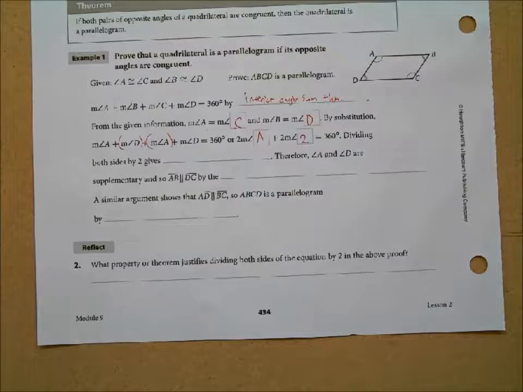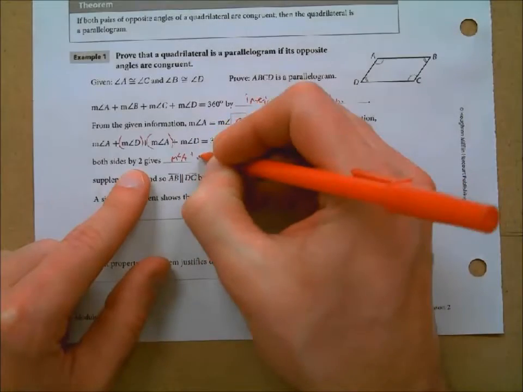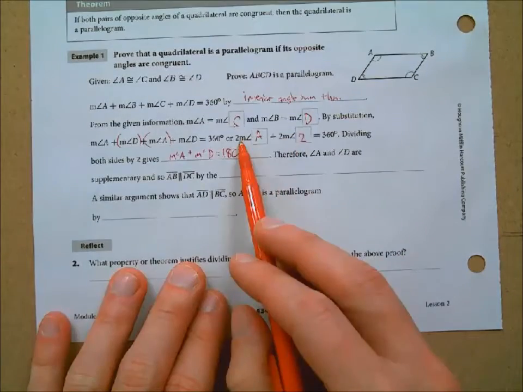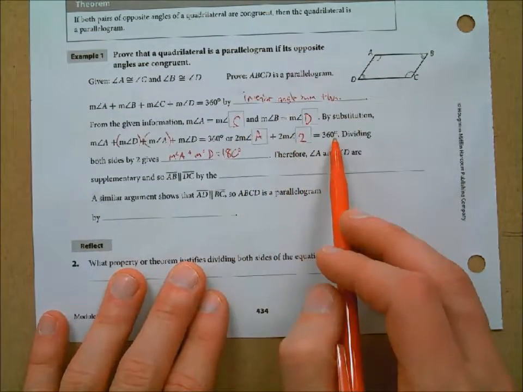We can then divide both sides by 2, and that would give us the measure of angle A plus the measure of angle D equals 180 degrees, right? If we divide the left side by 2, those two 2's cancel out, and 360 divided by 2 is 180. Okay.